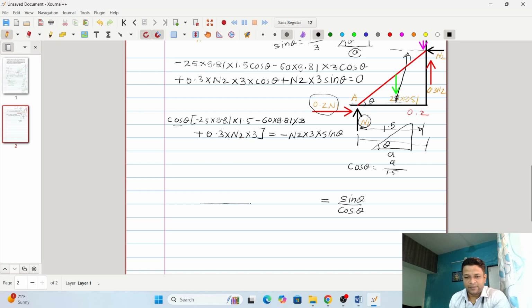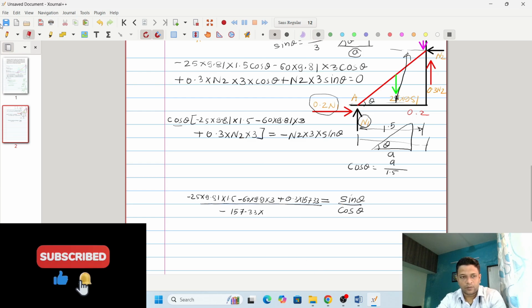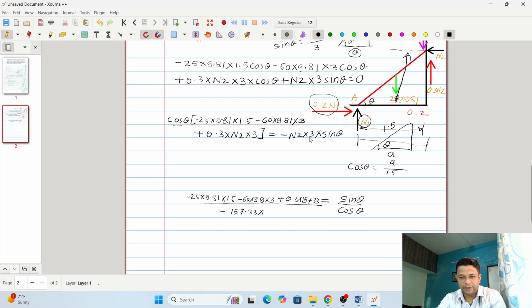So here on the left side we get, from before, minus 25 into 9.81 into 1.5 minus 60 into 9.81 into 3 plus 0.3 into the value of N2, which is 157.33, divided by N2 into 3.